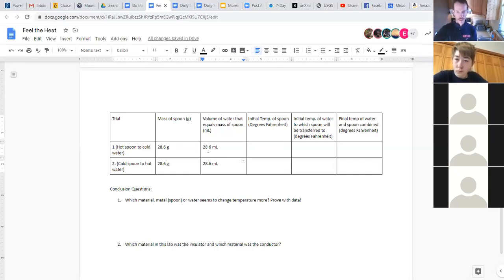So there's good contact between the spoon and the water, because I want the energy to transfer from whatever is warm to whatever is cold. In trial 1, there's going to be a hot spoon and some cold water. So if there aren't any questions, we'll just go through trial 1. We ready?